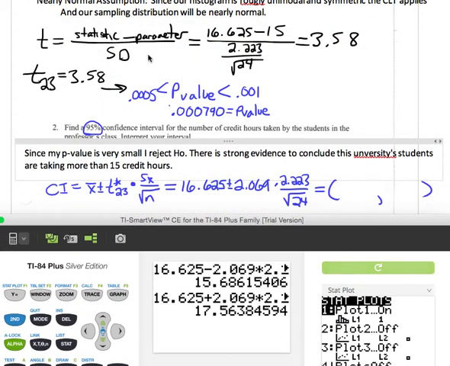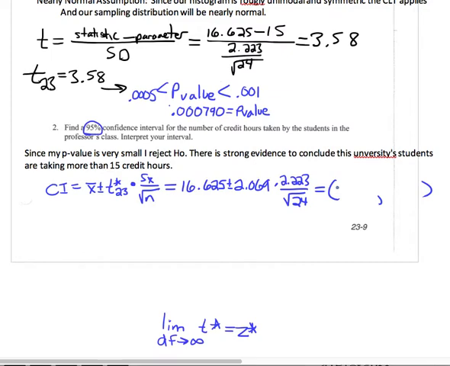So we're going to say 15.69 and 17.56. Let's interpret it.